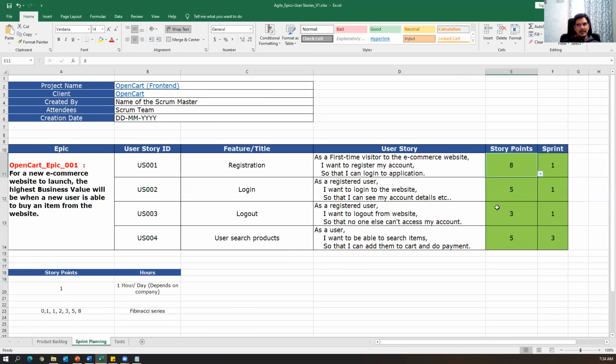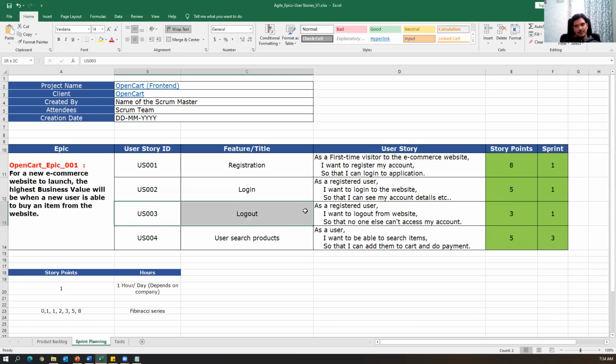So 8 story points means 8 hours if I consider hours, or 8 days if I consider days, and this is planned for sprint 1. Similarly, another story has 5 story points, and it is also planned for sprint 1.